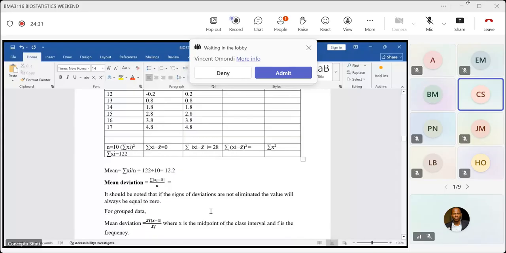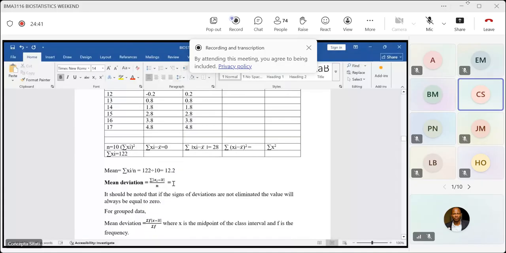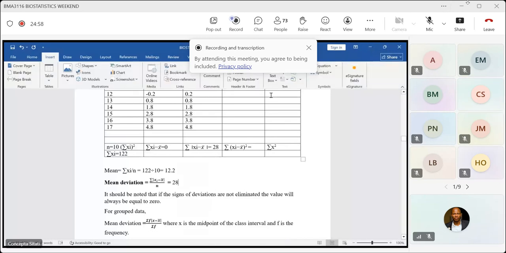Our mean deviation is equal to 28 divided by 10. What do we get? 2.8. 2.8 is our answer.